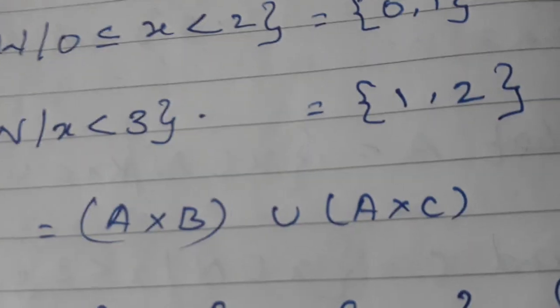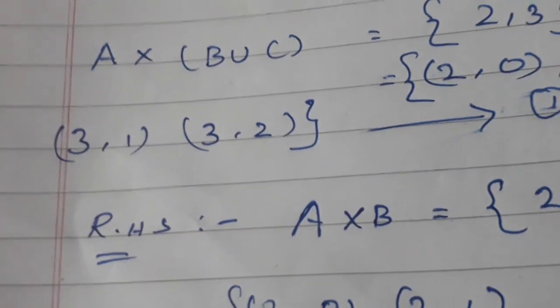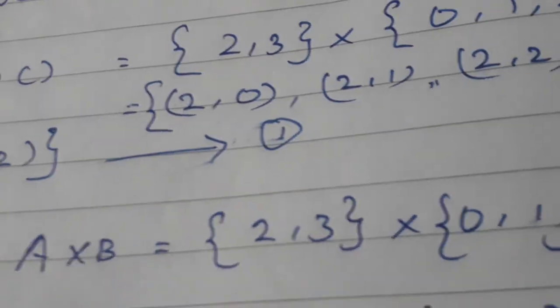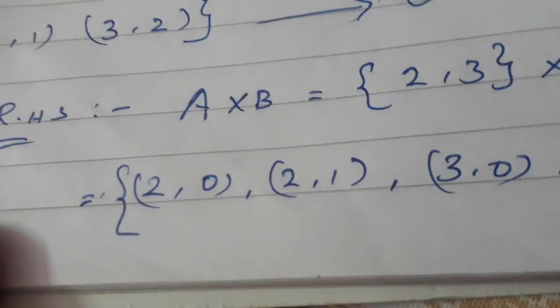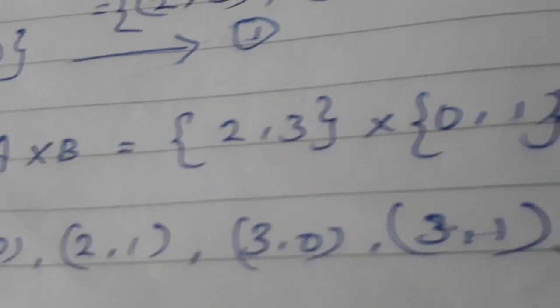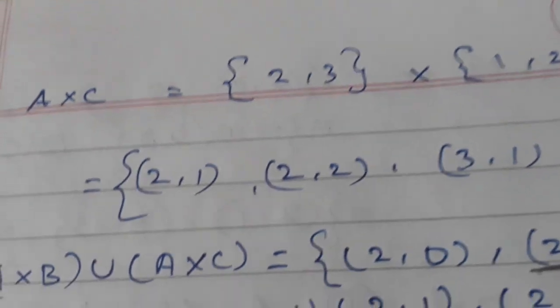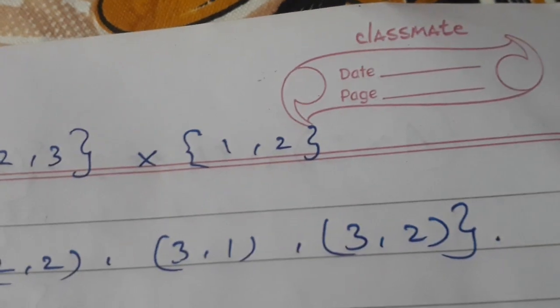So our RHS is (A × B) ∪ (A × C). First we find A × B, then A × C, then we join them. Our A × B is {2, 3} × {0, 1}. We get (2,0), (2,1), (3,0), (3,1). Our A × C is {2, 3} × {1, 2}. We get (2,1), (2,2), (3,1), (3,2).